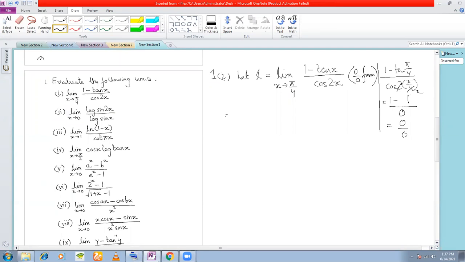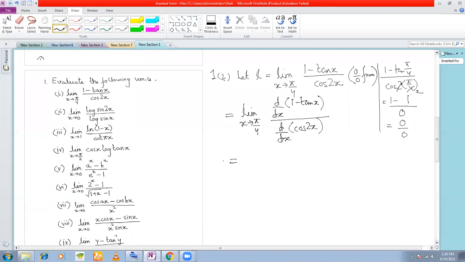So therefore, this is a 0 by 0 form. So what you do here is you differentiate the numerator and denominator separately. So you write limit x tends to pi by 4, d/dx of (1 minus tan x) divided by d/dx of cos 2x. We will not apply the u by v rule, remember. We'll differentiate the numerator separately, and the denominator separately.